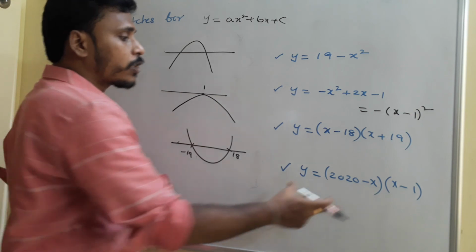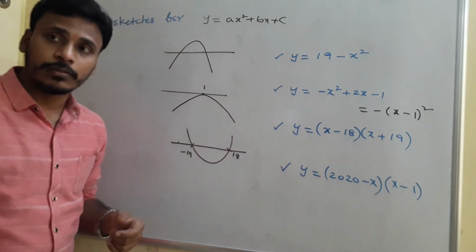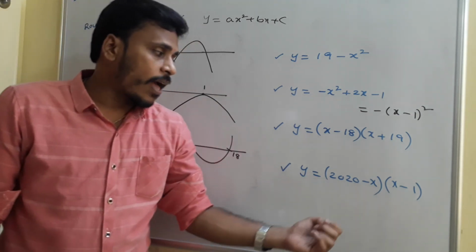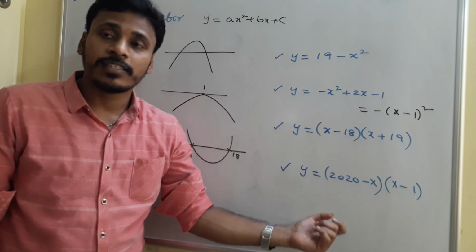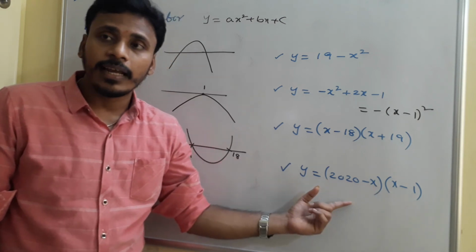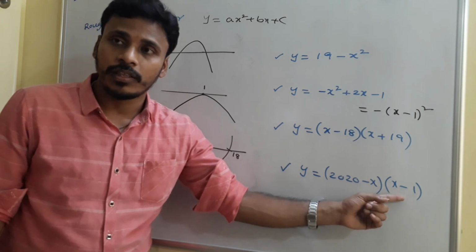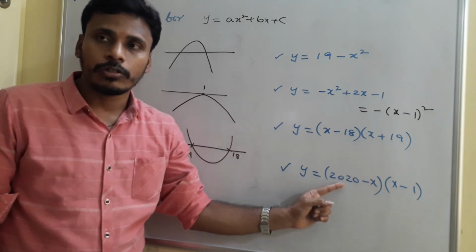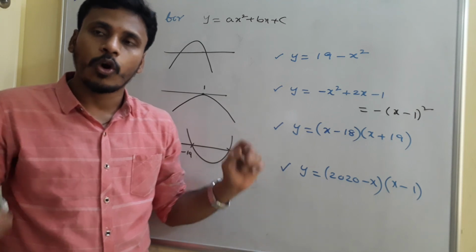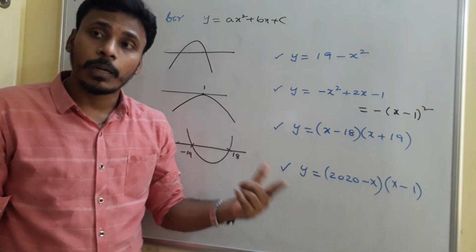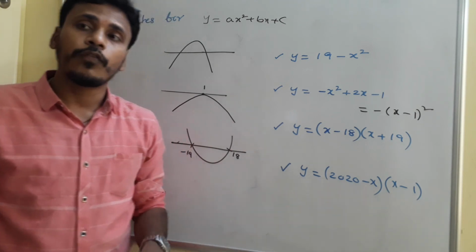You may mark these two roots as minus 19 and 18 if you need, or otherwise leave it. Then what do you say about the rough sketch for the last expression? If you have a quadratic expression as a product of two linear factors, it clearly gives two roots for the expression. One is a root for this, 2020 is also a root, but two roots it has. Then is it upward or downward? Think about the coefficient of x square.